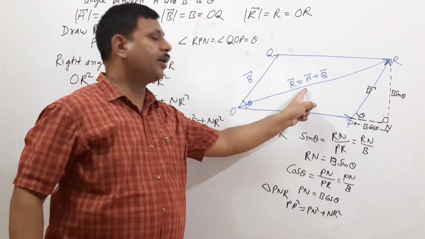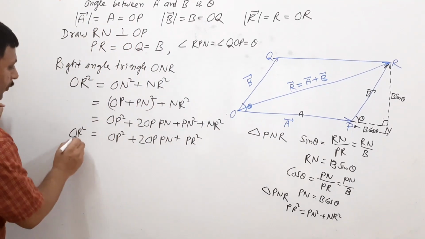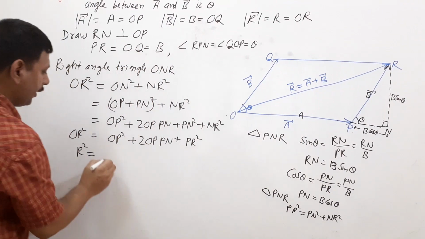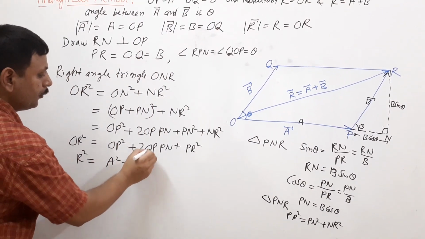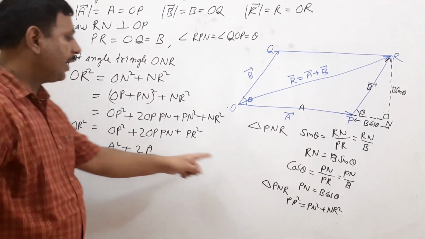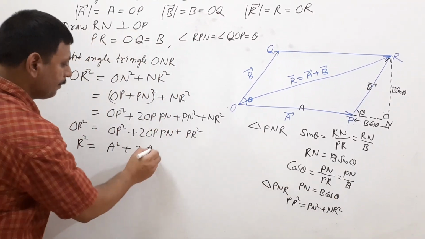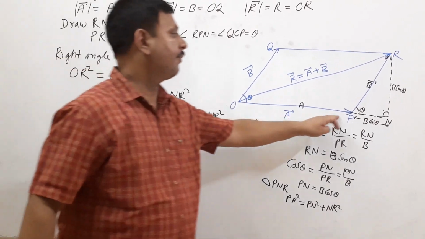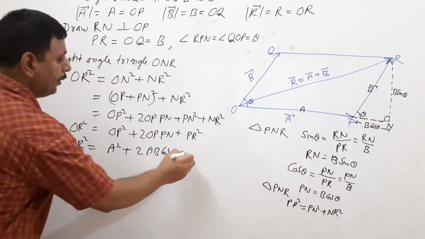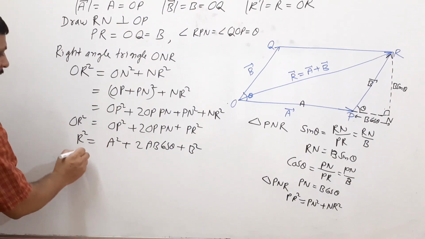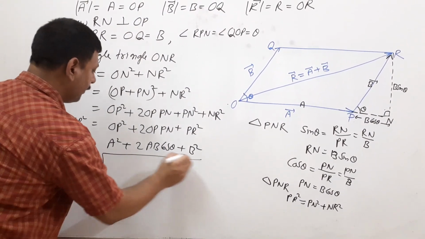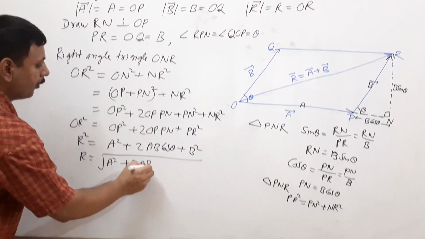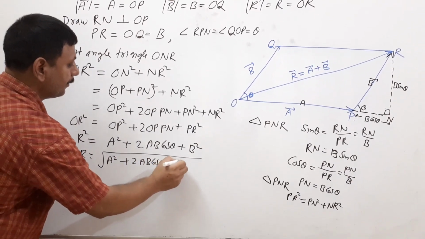Okay. So what is OR? OR is magnitude of resultant vector R. So we will write here R square. OP is magnitude of vector A, square. 2 OP is A, PN I have found, B cos theta, plus PR, which I have found, this is B. So R is equal to under root A square plus 2AB cos theta plus B square.